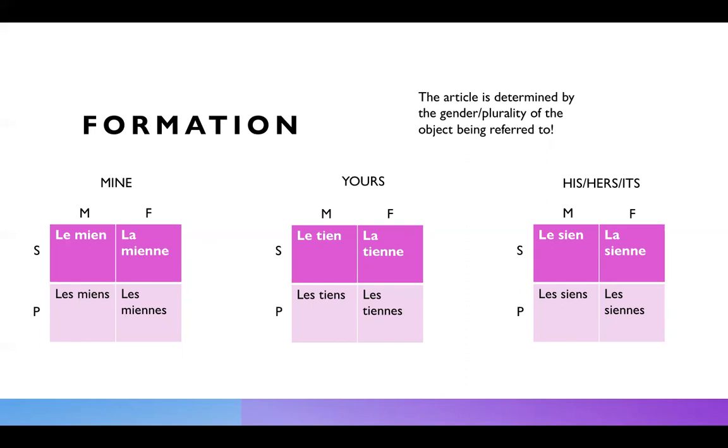So the M and F mean masculine and feminine, and the S and P mean singular or plural. So for mine, if the object being referred to is masculine and singular, it's le mien. And if it's singular and feminine, la mienne. If it's plural and masculine, les miens. And plural feminine, les miennes.